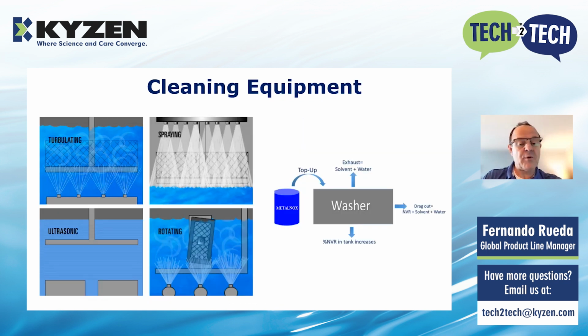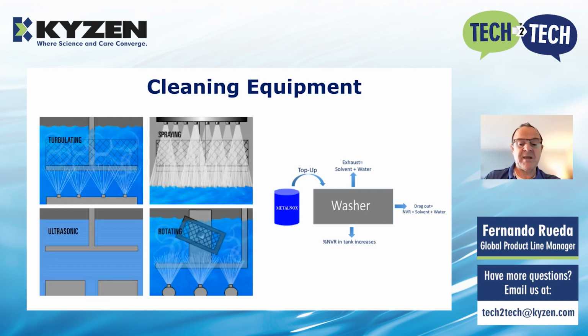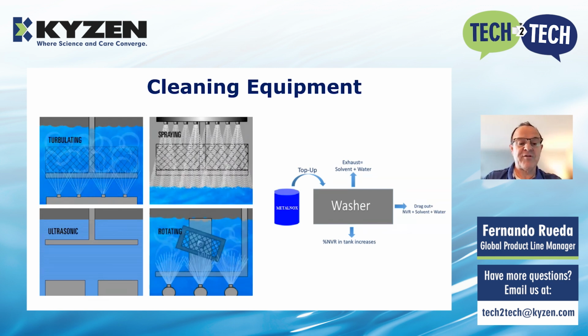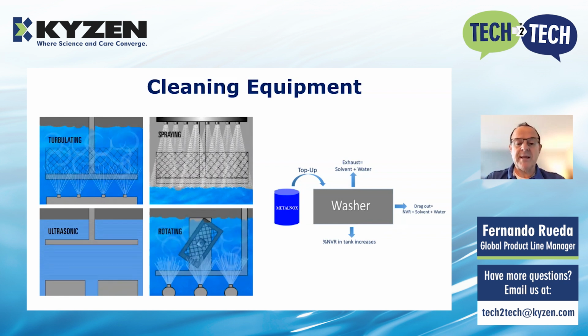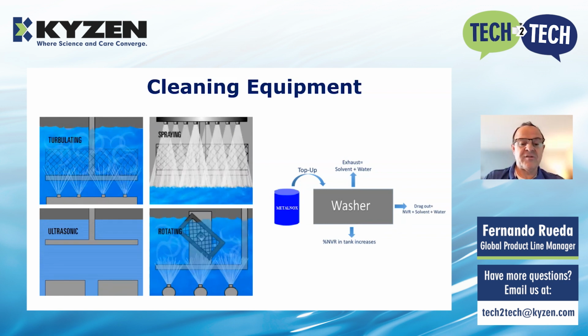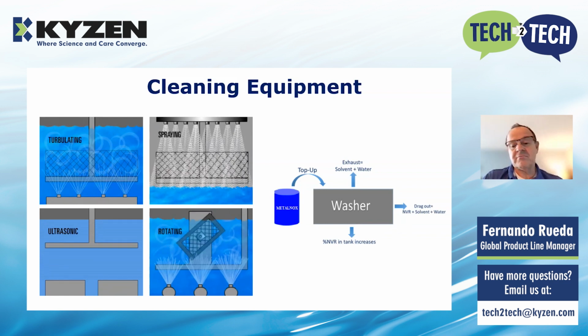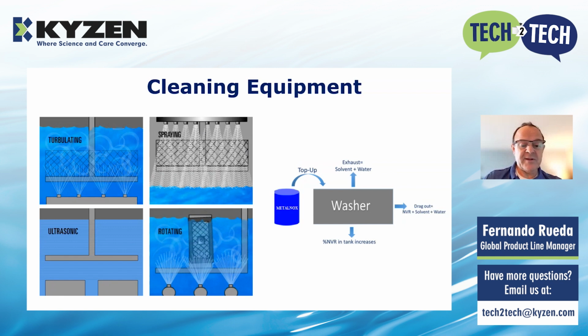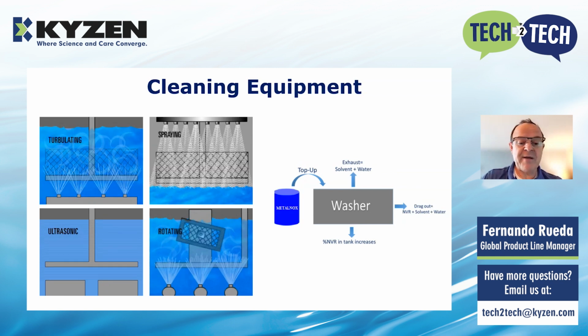In terms of cleaning equipment, it's all about making sure that it's installed properly, and the configuration of the equipment and the different sections, wash section or wash cycle, depending on the type of equipment. And you see different types of equipment here in the graphics on the left.